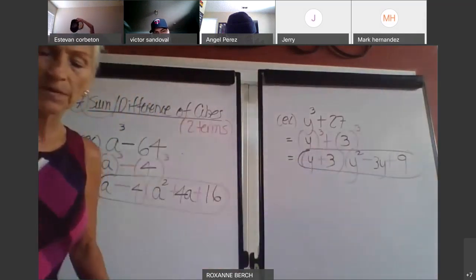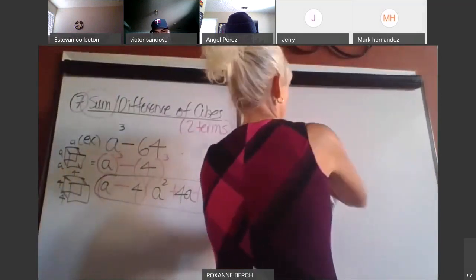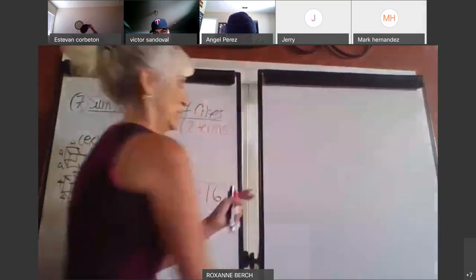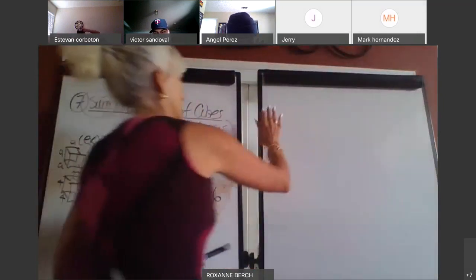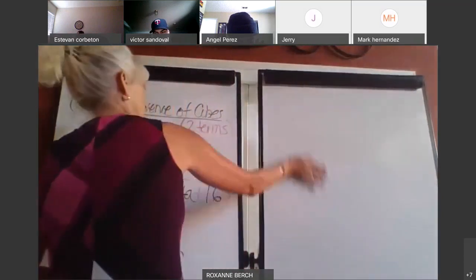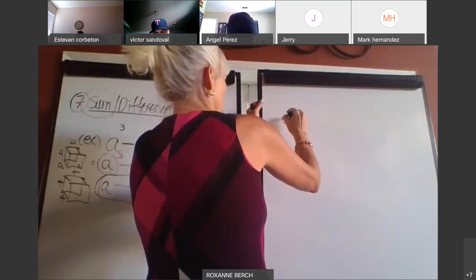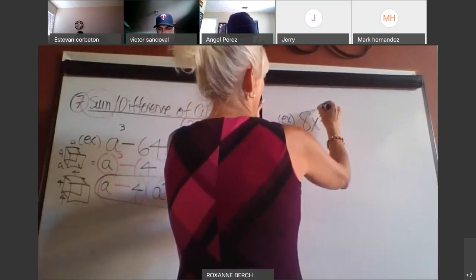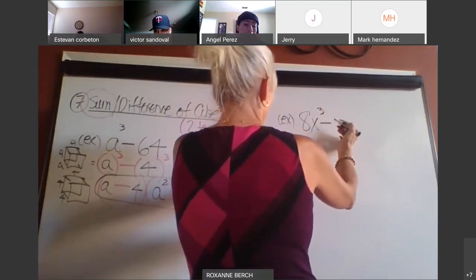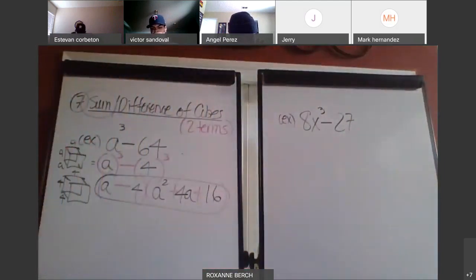Okay, I have one more to show you. This one's a little different, and people have a tendency to mess this up. Can't do a GCF even though you try.